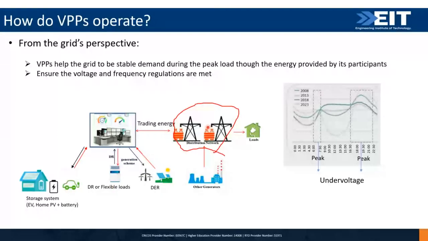So on one side, VPP reduces the peak loads by these flexible loads, and on the other side, it sends power from the assets to the grid and helps the grid be stable during the peak time, or peak demand.